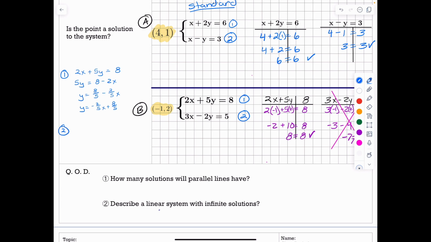And for the second, got 3x minus 2y is equal to 5. Solve for y. Subtract 3x from both sides. Divide both sides by -2.